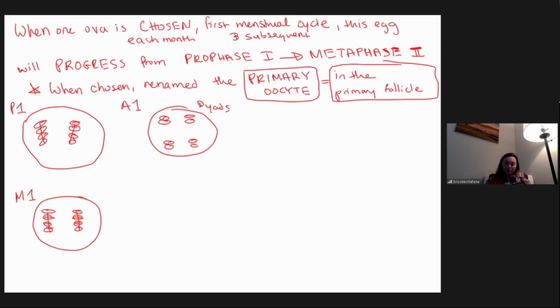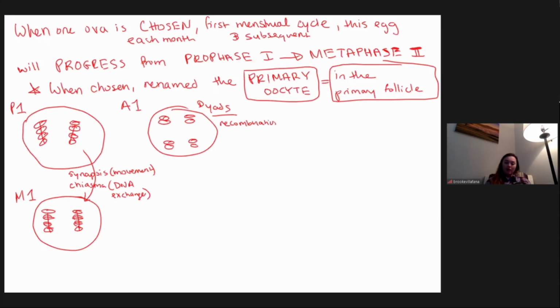And then we still have all the same stuff, just so we're clear. We still have synapsis. Remember, that was the movement. We still have chiasma, which was the DNA exchange. And then when we get to the dyad formation, we still have recombination.